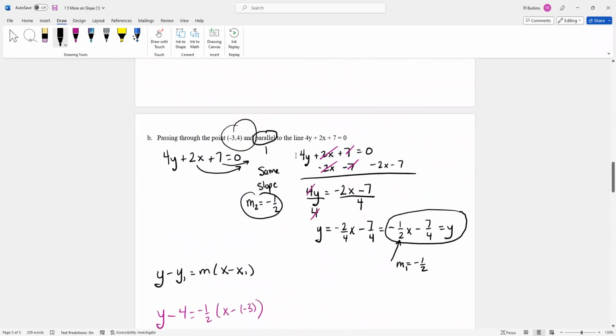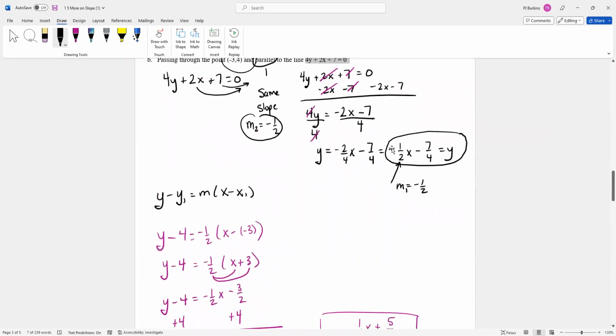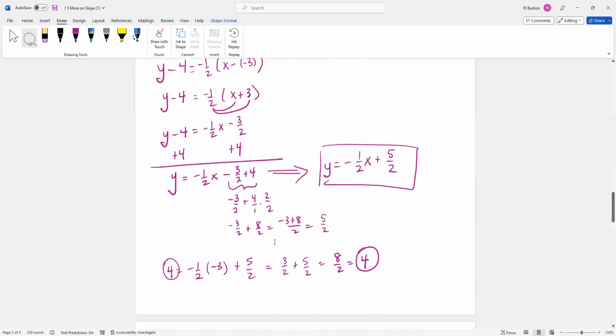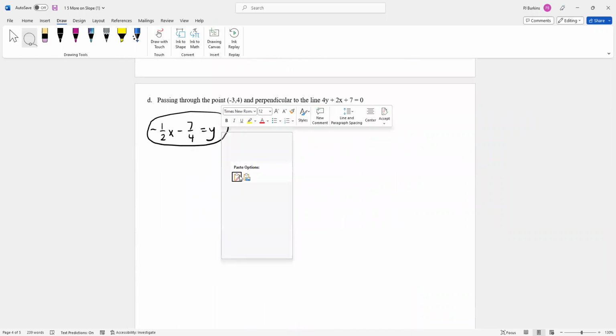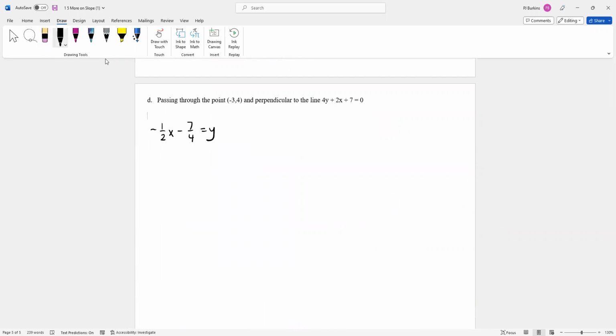Right, we had the exact same equation before, and we got that the equation needed to be y equals minus 1/2 x minus 7/4. So let's just bring that back down here with us. Okay. So that's the original equation, the one that was given here in slope-intercept form.